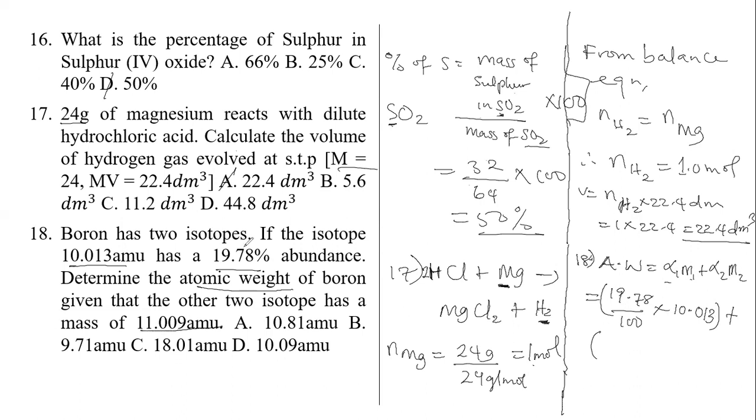They didn't give us in the question, so it means that you are going to subtract this from 100. So the abundance of the second one is going to be 100 minus this. If you do that, it's going to be 80.22 over 100, because it's in percentage, multiplied by the mass of the second isotope. And when you press your calculator, it's going to give you 10.81 atomic mass units. It's just as simple as that. And that's why option A is going to be the correct answer.